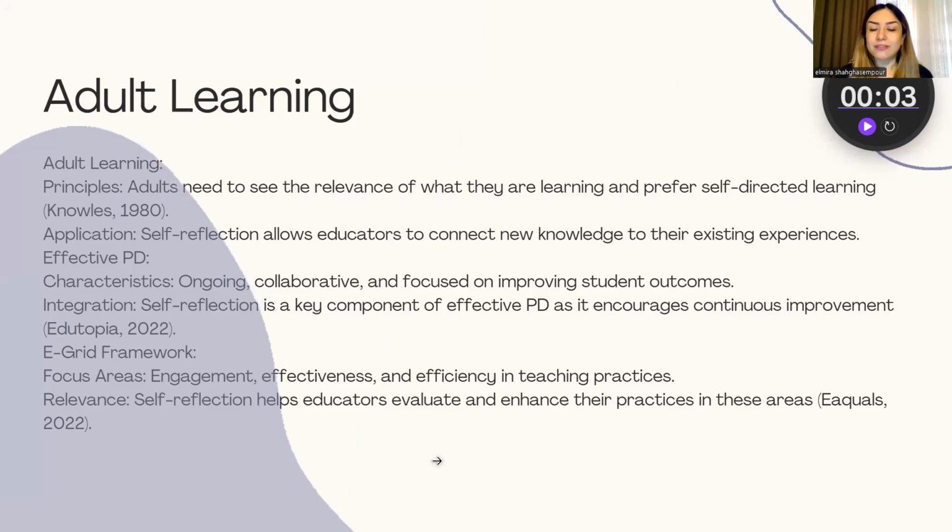So, relevance consists of the concept that adults need to see the relevance of what they are learning. They prefer learning that is self-directed and connected to their existing experiences. As an example, we can reflect on how new teaching strategies can be applied in our classroom, which makes the learning more relevant and meaningful. In that case, we will have productive lessons, I assume.